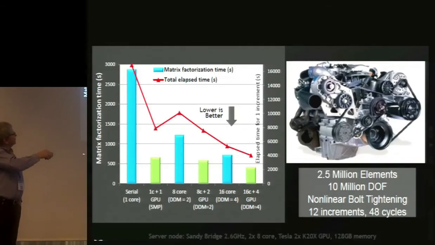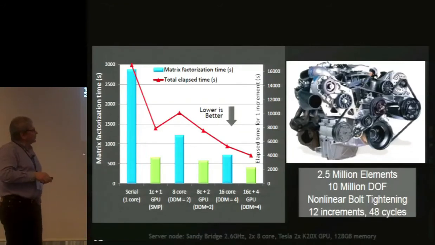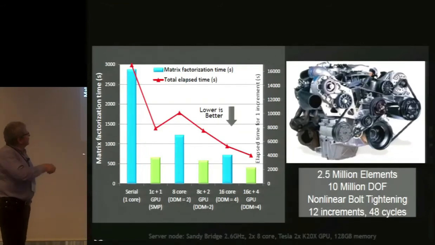The blue one is the CPU speedup, and you see here the GPU speedup with different configurations in this case. And the red line is the total elapsed time.